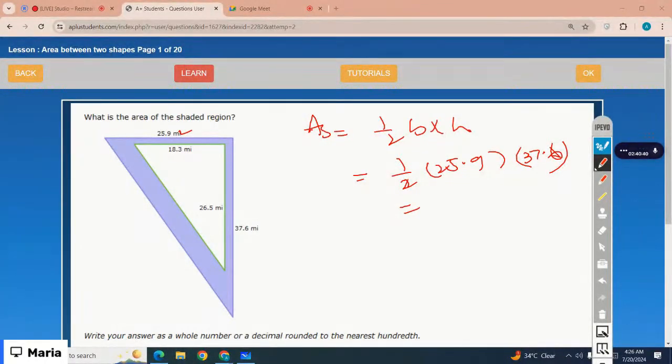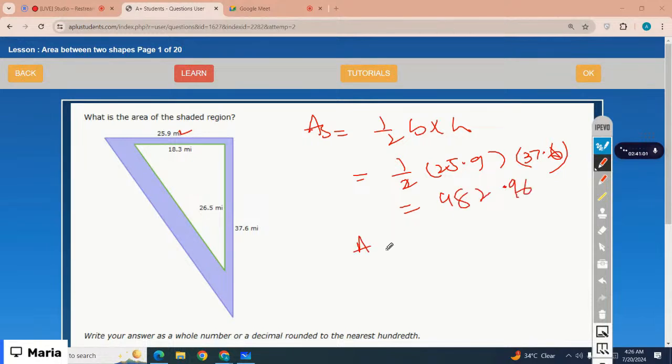Hence, that is 25.9 times 37.6 divided by 2. That is 486.92. That is the area of the outer triangle.